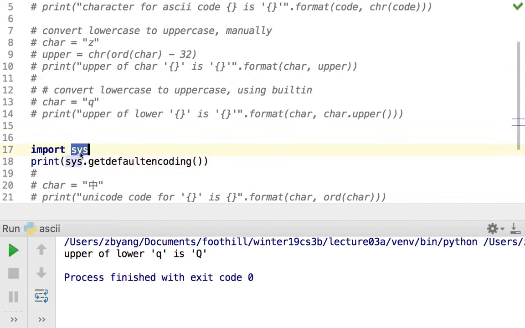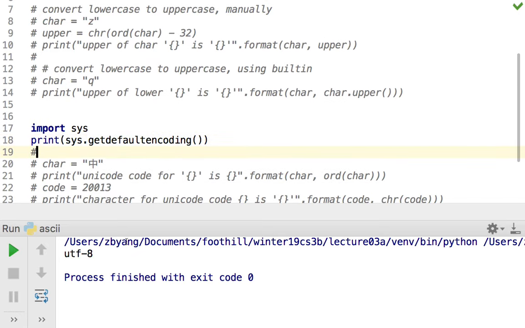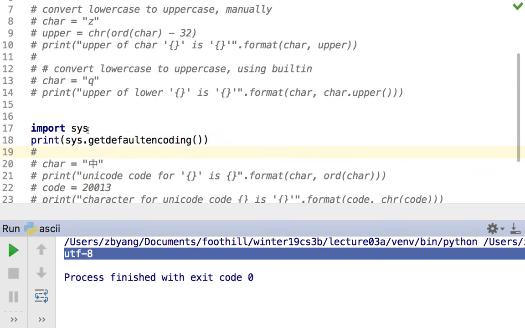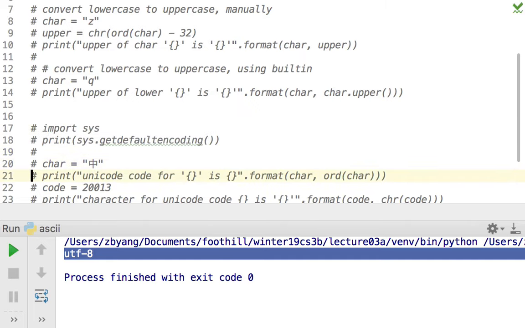You import sys, which, as we've seen, is very useful and tells you a lot about the system, and you call sys.getdefaultencoding. On my system, it says UTF-8. So that's why I think Python 3, at least on the Mac, the default encoding is UTF-8.